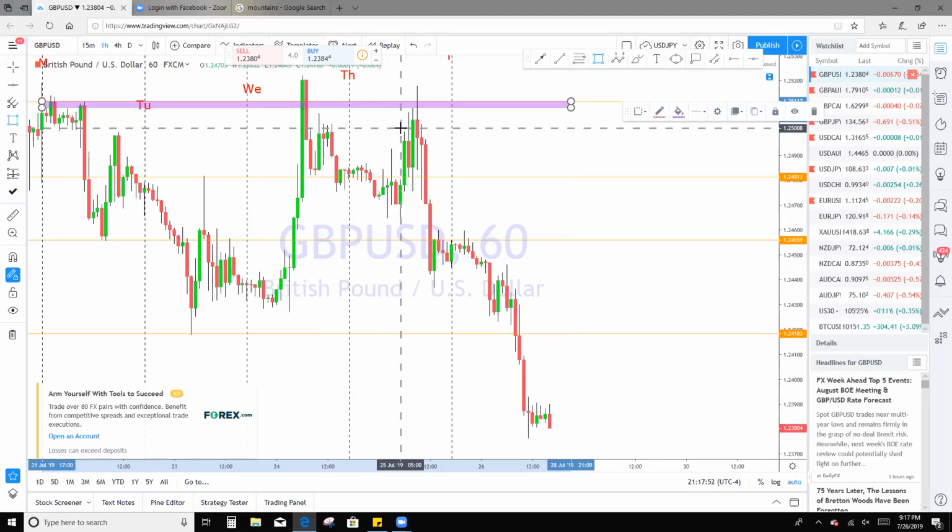And look at that. You guys would have got a perfect entry, a wick entry. And look, you could have held that trade for the rest of the week.